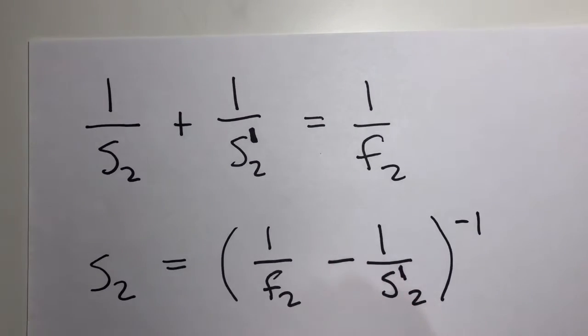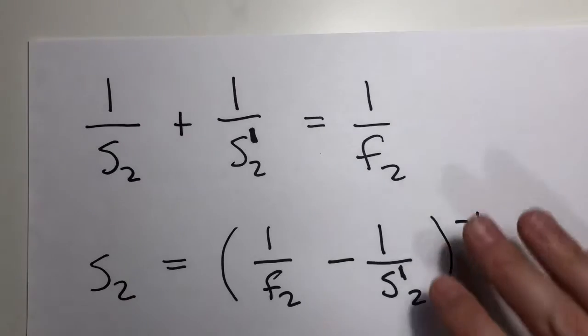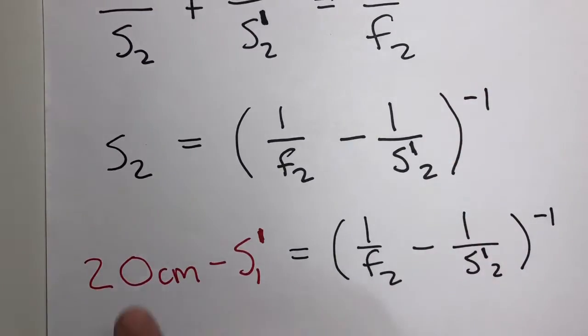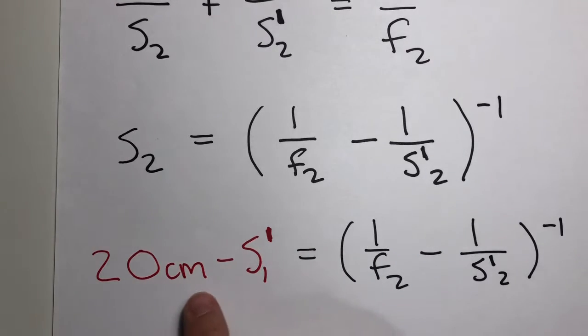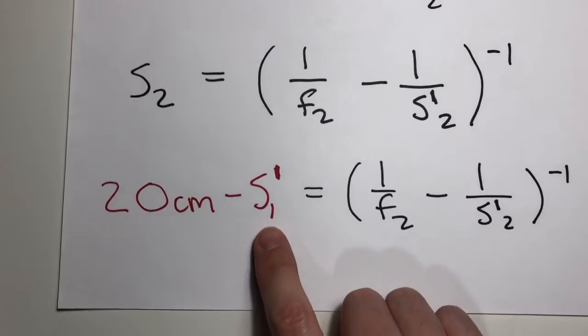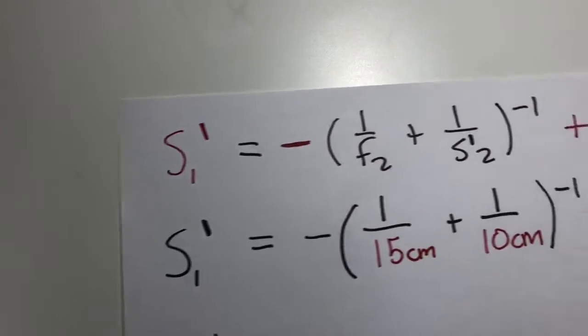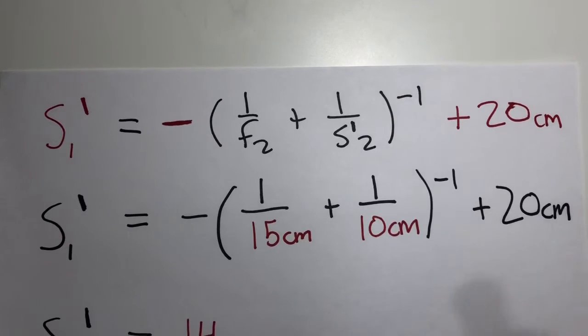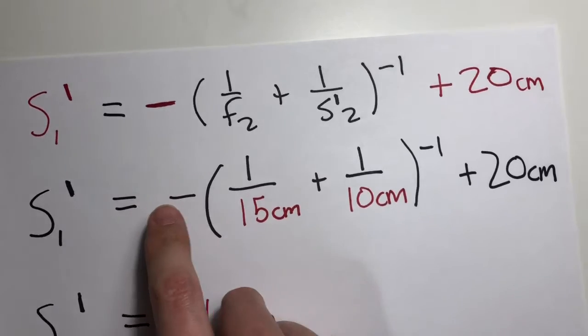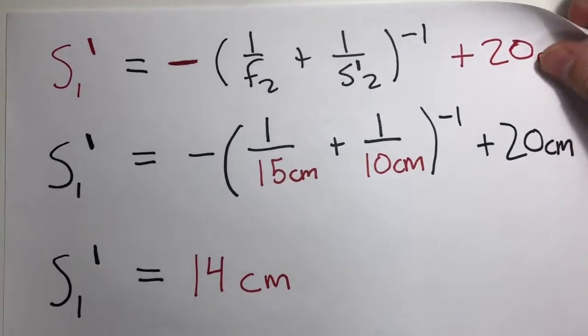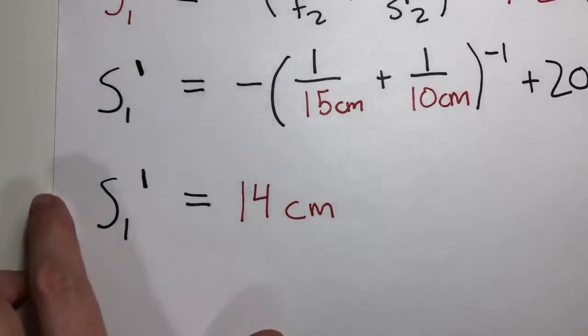So if we write out the thin lens equation for the second lens, we can solve for S1 prime. Because S2 is 20 centimeters minus S1 prime, you can plug that into the equation and then set it up to solve for S1 prime. And then we plug in our values for F2 and S prime 2, and we come up with 14 centimeters.